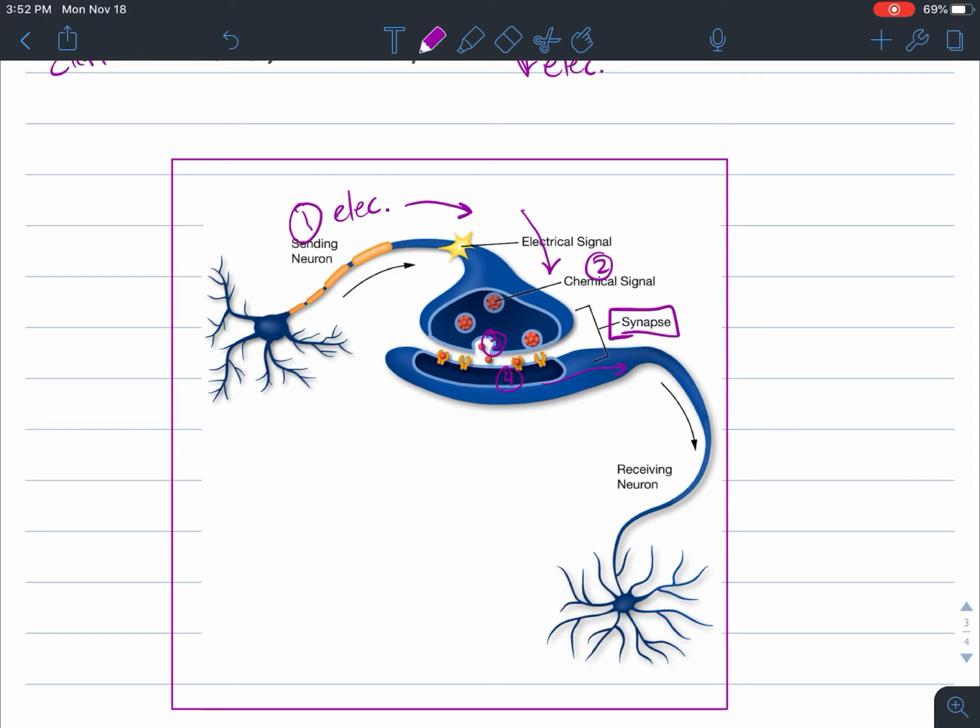So these numbers don't match up exactly with the one above, but the main thing I want you to do is to make sure that you highlight or bring attention to the fact that the synapse is the gap between. This is a process that starts with a sending neuron sending an electrical signal, which turns into a chemical signal.